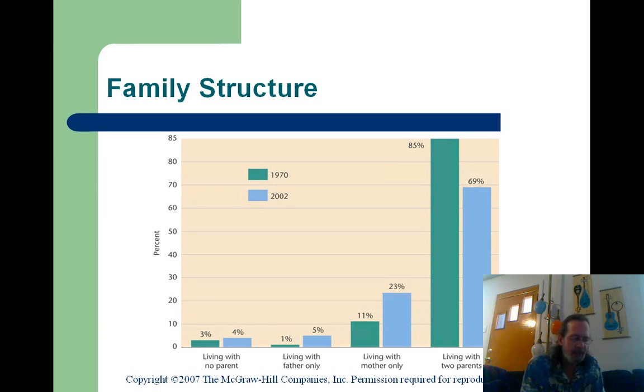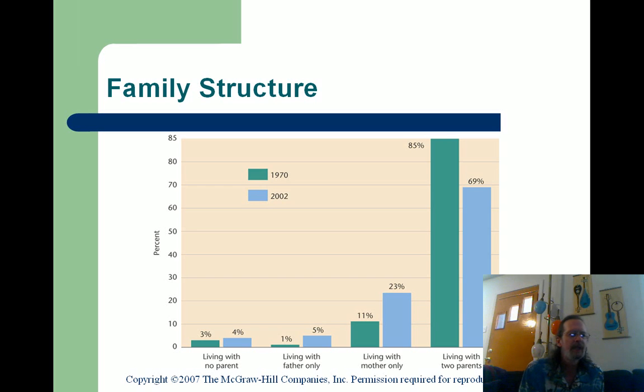Family structure, traditional families, this is a two-parent household. The Leave It to Beaver family, mom and dad, called the nuclear family, mom and dad, 2 kids, Wally and the Beav. That is no longer nearly as prominent as it used to be.